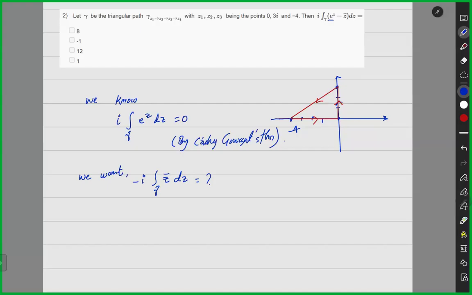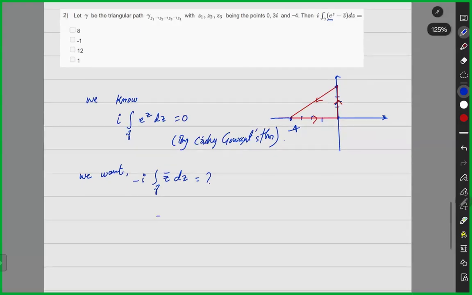We can calculate it over three different line segments, and it can be written as i times the integral over gamma 1 of z bar dz, where this is gamma 1, this is gamma 2, and this is gamma 3, plus the integral over gamma 2 of z bar dz plus the integral over gamma 3 of z bar dz.